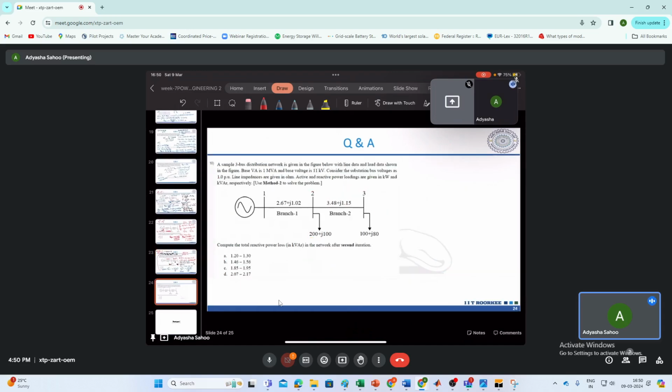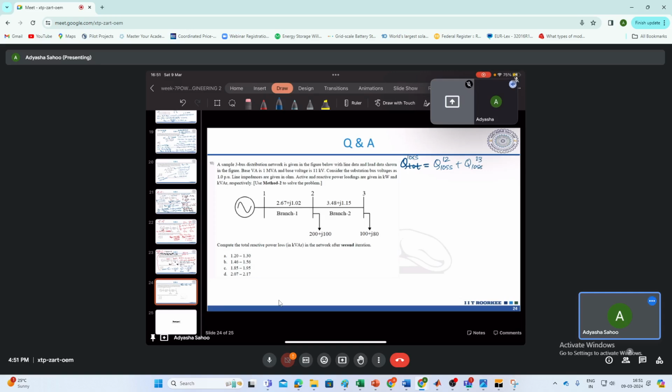Now the last question, it is the same, and here it is asking total reactive power loss after second iteration. So Q total equal to total loss equal to Q loss 1 to, this is branch number I am writing, Q loss 2 3, and here all values you will use after second iteration.